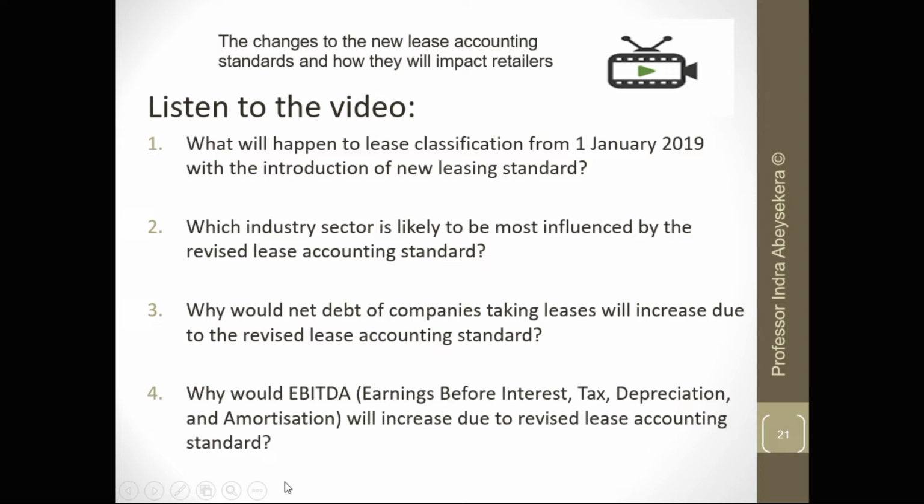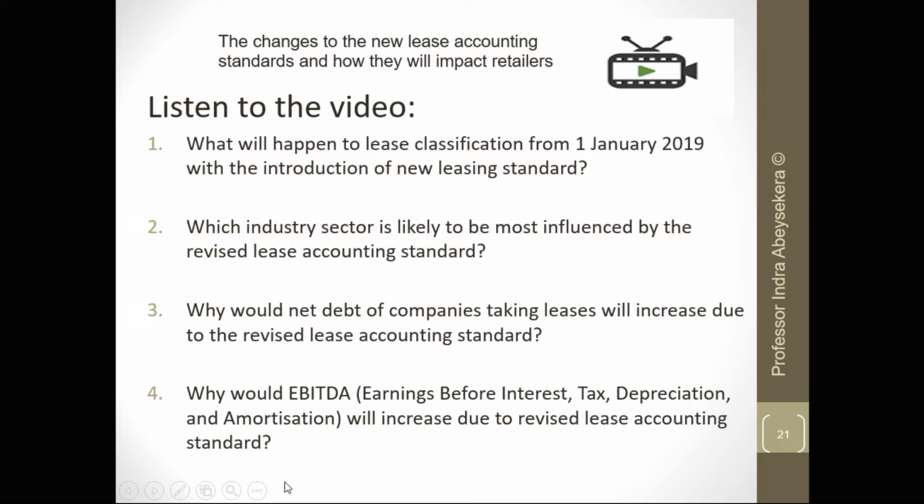I'll play another video here. We can look at it and watch the video and ask the questions and try to answer questions. What will happen to lease classification from 1st of January 2019 with the introduction of new leasing standard?